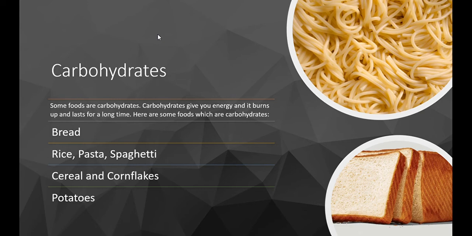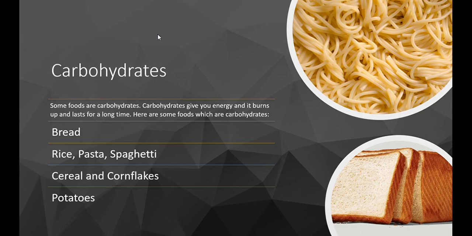Now, before, remember how fats and oils give you a short amount of energy? This is the difference, and why carbohydrates are basically a healthier alternative to fats and oils. It gives you energy like fats and oils, but it burns for a long time, so you can exercise and it will still be there.